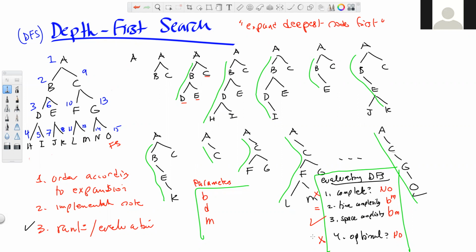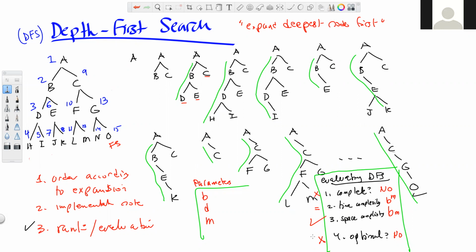Now, the question is, I said I want it to become complete, will this make it complete? If I limit the depth, if I say don't go below 50, now I know it's not going to run forever, but is it going to be complete? Is it guaranteed to return a solution if one exists? Someone says no. Why? Tyler, why?